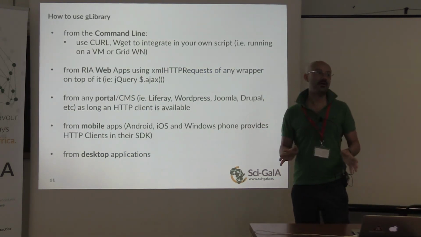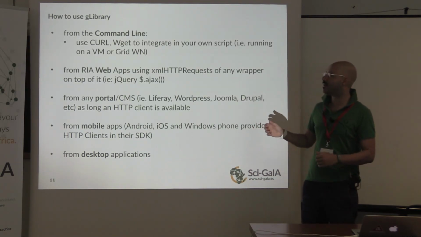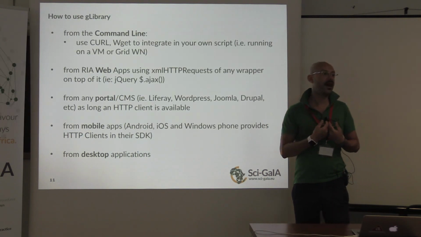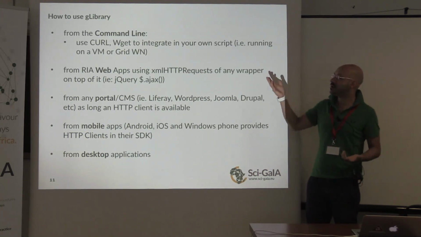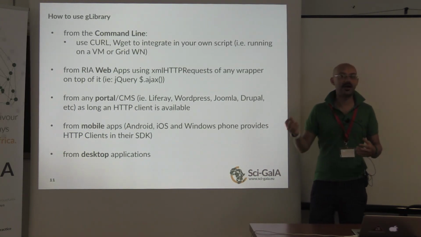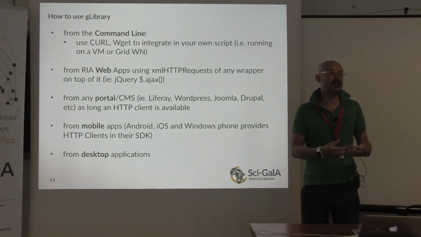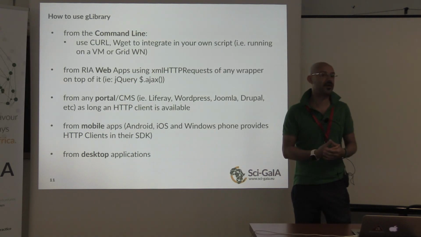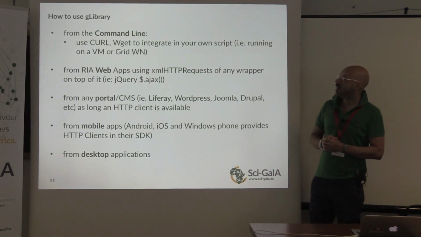So now that we have a local GLibrary instance, or are using our server, how can we access the GLibrary REST APIs? We have a lot of options. Command line tools like curl and wget, which you can integrate, for example, in your own scripts that run on worker nodes on your virtual machines.